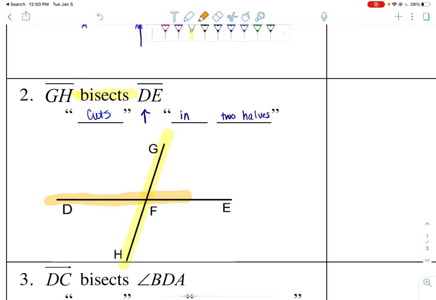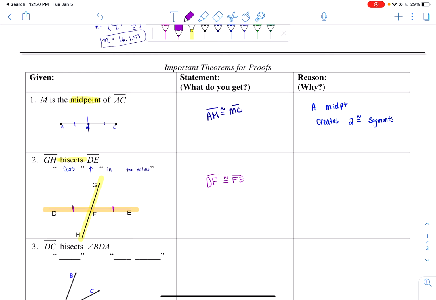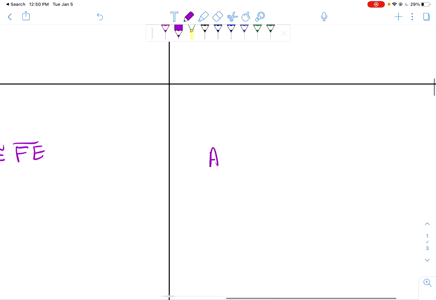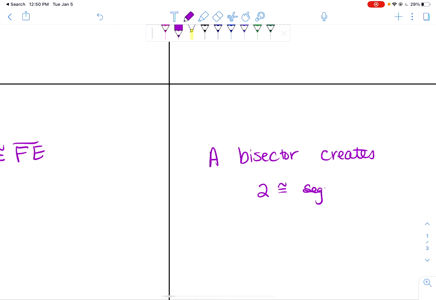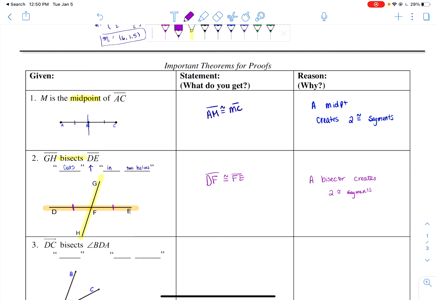When I'm bisecting DE, I'm cutting DE into two equal halves. So I can say DF is congruent to FE, and the reasoning is a bisector creates two congruent segments.